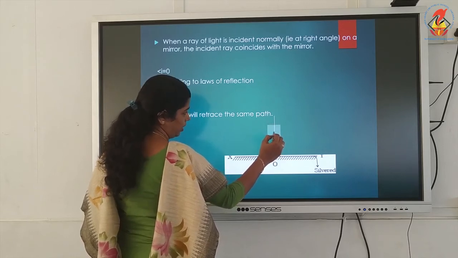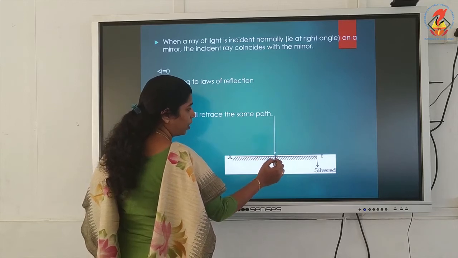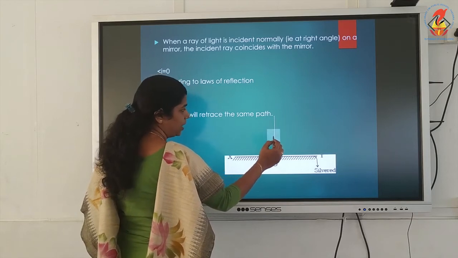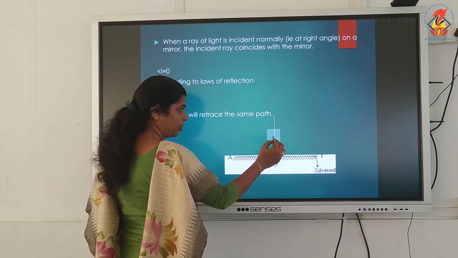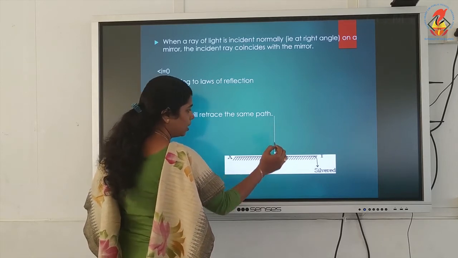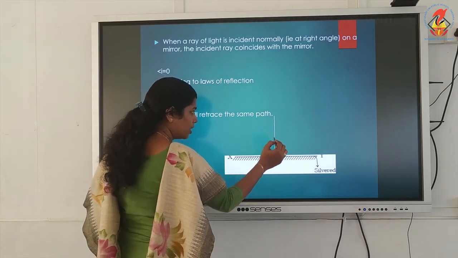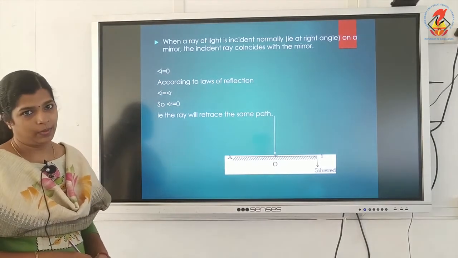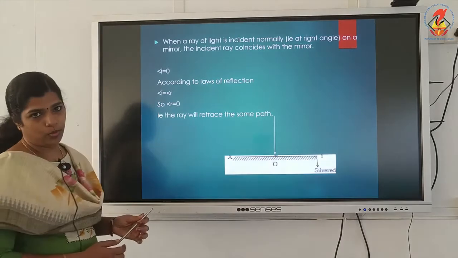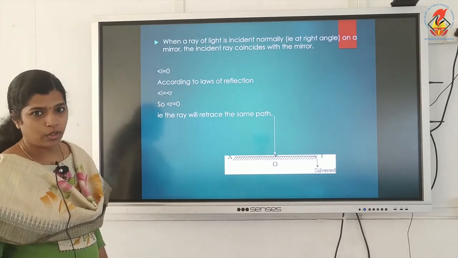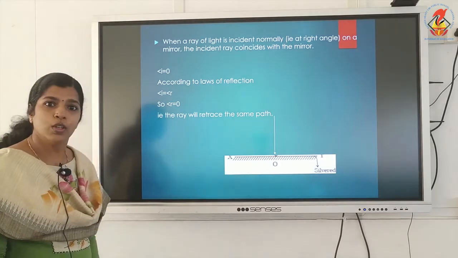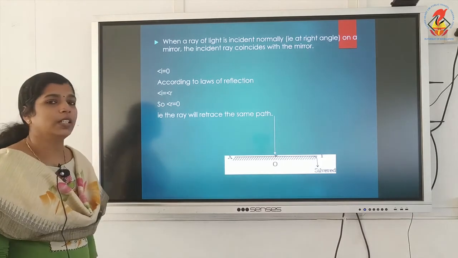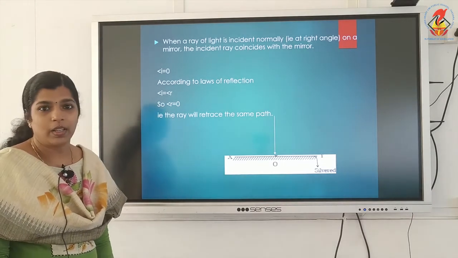Along the normal, the incident ray meets the mirror. So what is the angle of incidence? Angle of incidence is equal to 0. So angle of reflection is also 0, which means it will retrace the same path.